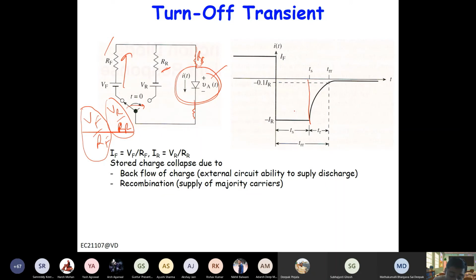Now, please note the definition of this reverse recovery time is basically from the peak current to 10% of the current. Now, this 10% of current is not necessarily the reverse saturation current. Reverse recovery time is defined as the time required for current to change from IR to 0.1 IR, the 90% drop in the current.